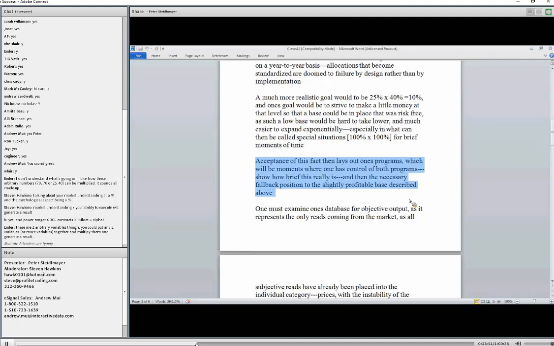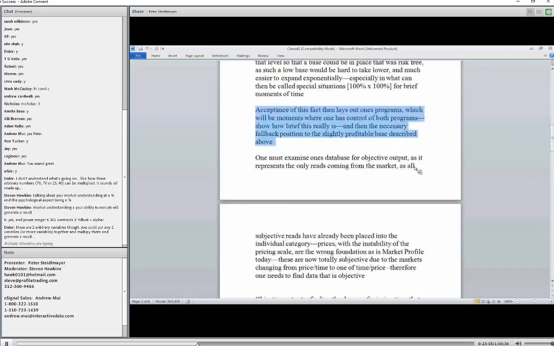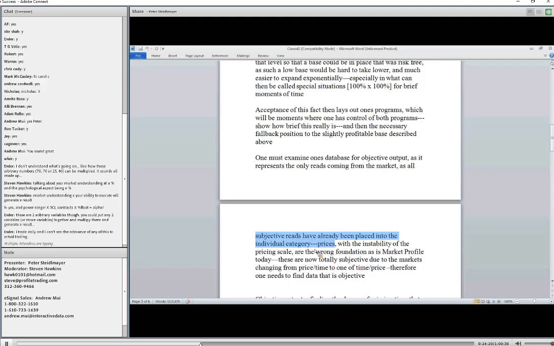All right, now one must examine one's objective database for output, objective output, and it comes from the market reading, as subjective reads have been placed in individual categories. So right now, prices, with the instability in the pricing scale, are the round foundation, as is market profile today, because market profile was formed with the idea that all new trades be folded back into the past trades by the locals, having more capital than that order and breaking that order into smaller parts that fit into value area.